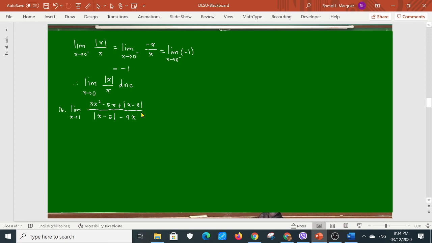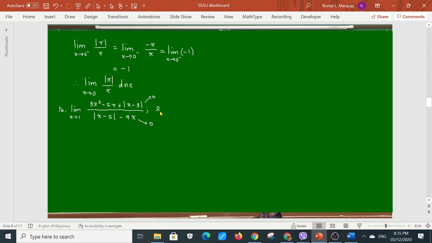Let's see if you can work on limits involving absolute value. Let's check. 3 times 1, 3, minus 5 times 1, negative 2. 1 minus 3, negative 2, absolute value 2. Negative 2 plus 2, 0. Denominator: 1 minus 5, negative 4, absolute value 4. Minus 4 times 1, 4. 4 minus 4, 0.